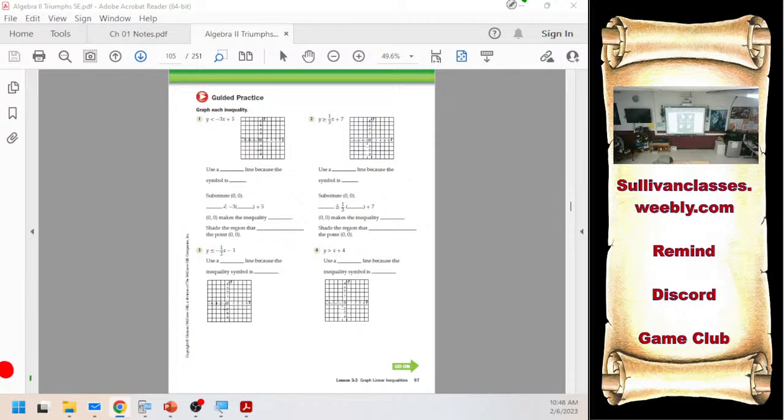So 0, 0 is part of my answer, which means everything on that side is part of my answer. Then you're starting to make sense. That's why we practice.